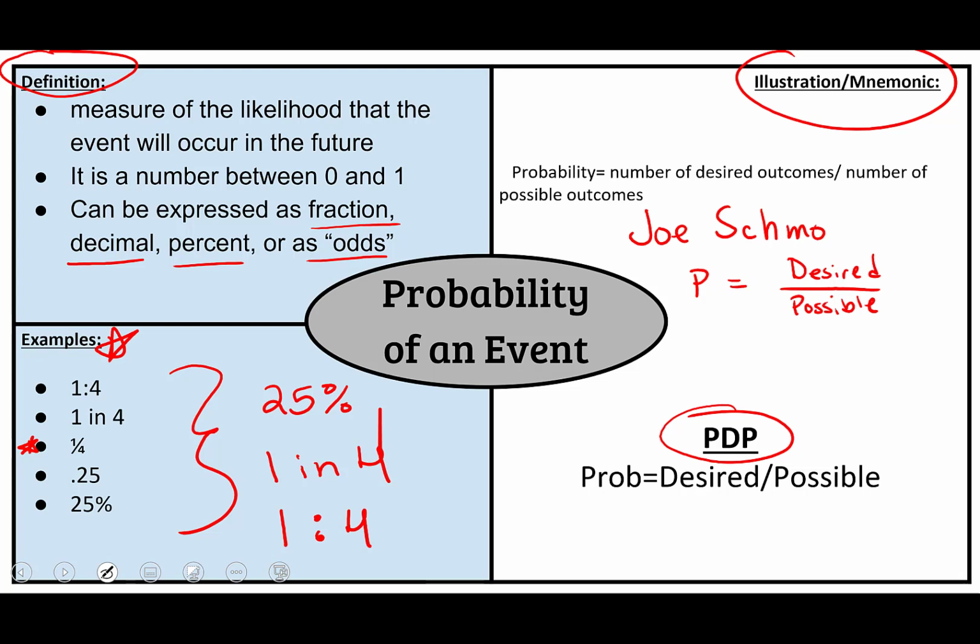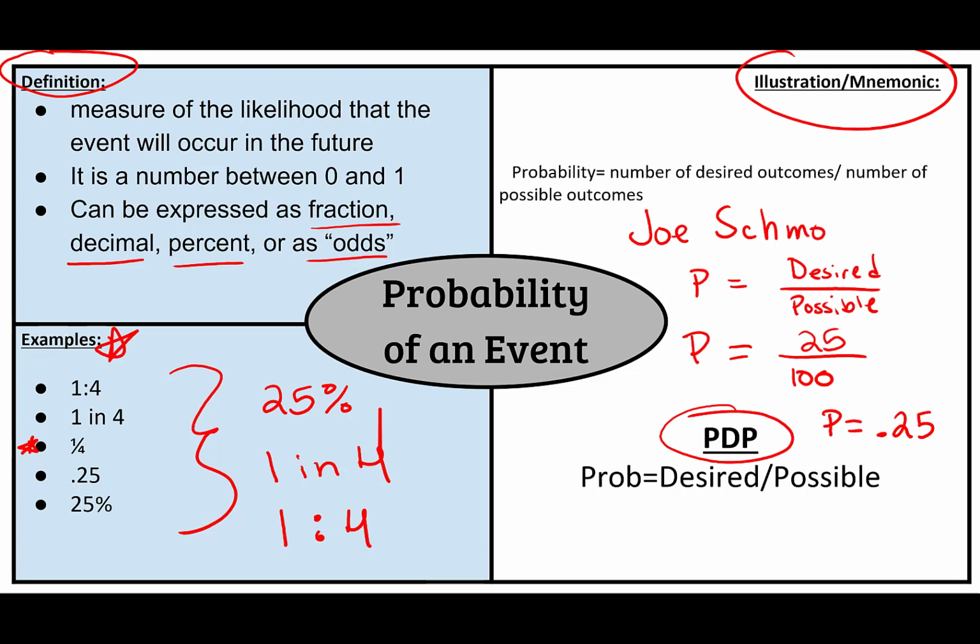I had noticed in Joey Schmo's stat line that he had taken 100 free throws. He had 100 possible free throws. And out of that, he had hit 25 of them. Right? In this case, 25 divided by 100, that probability equals 0.25, right? Which I can convert to a percent if I'd like.